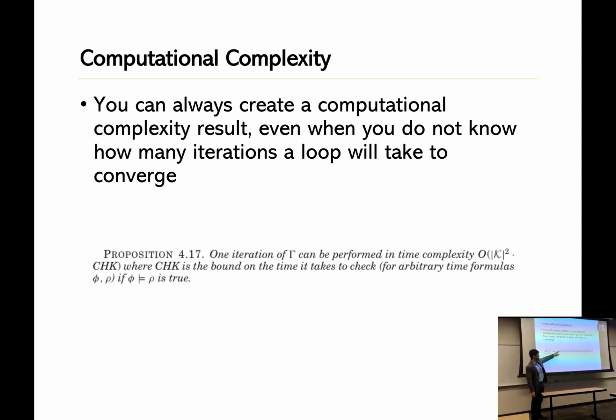For example, if I have some operator here, this operator converges. I don't have a good theoretical result about the convergence, but I can talk about the time complexity for one iteration. And even here, one iteration is of the size K squared multiplied by CHK, where CHK is bound by the time it takes to check if this formula is true.